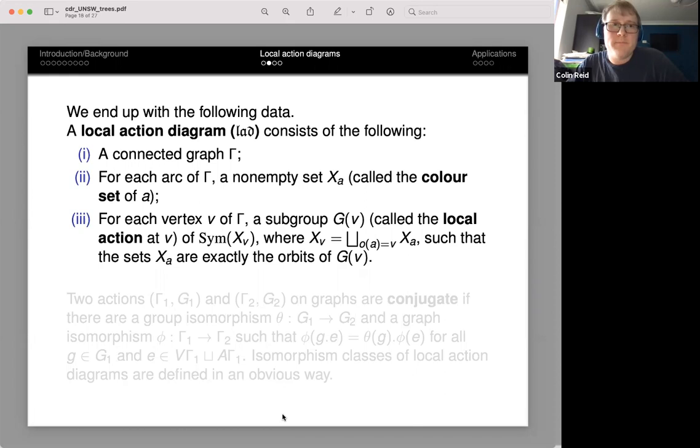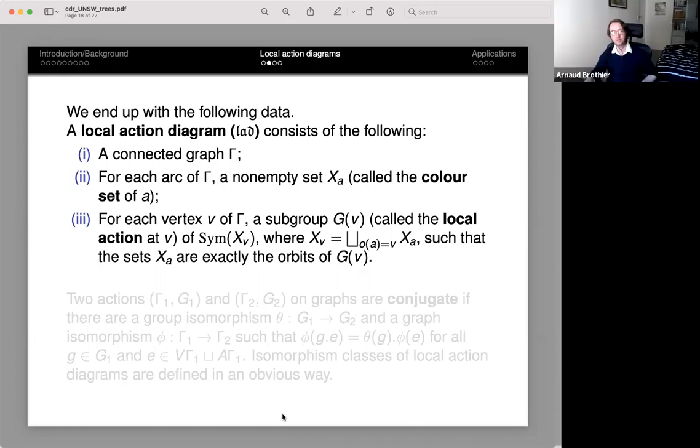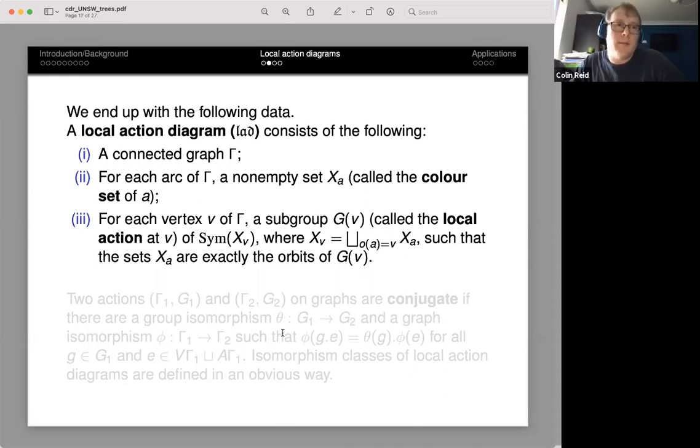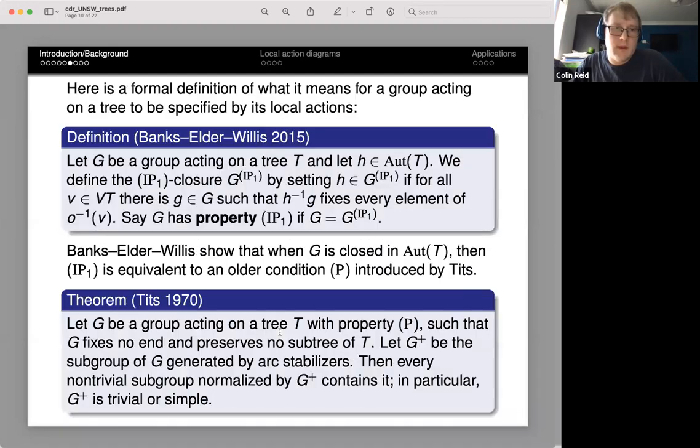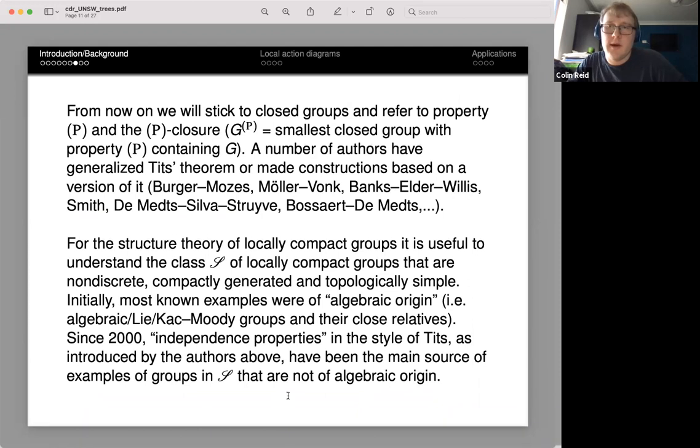Yeah, exactly. SL_n and so on. And likewise for Kac-Moody groups. Actually, the locally compact Kac-Moody groups are over finite fields, so you have to take a certain completion to get a non-discrete group.